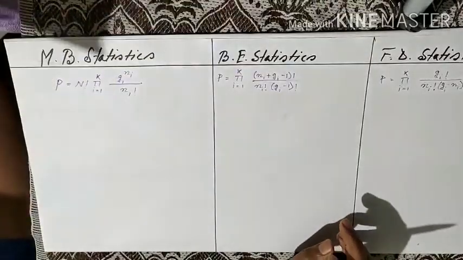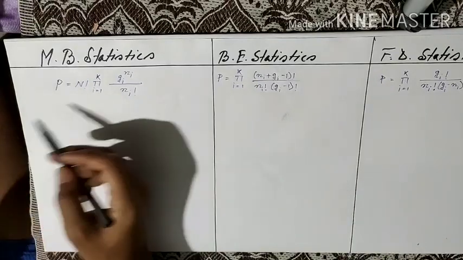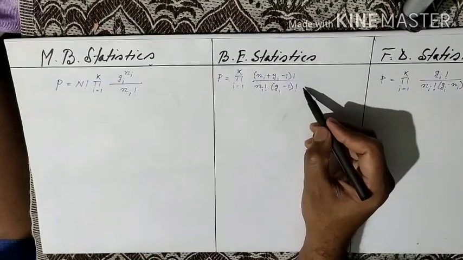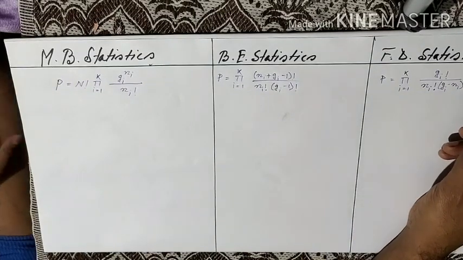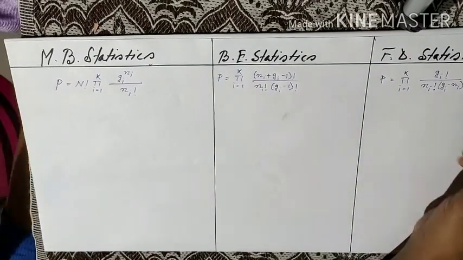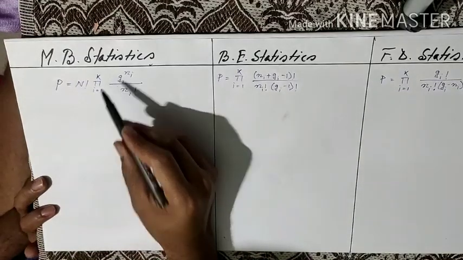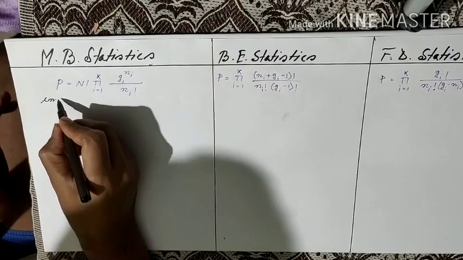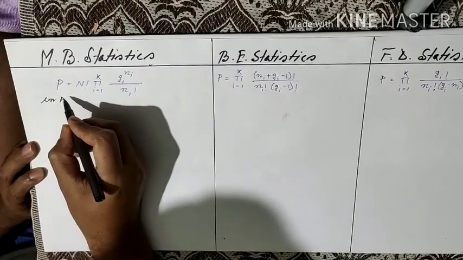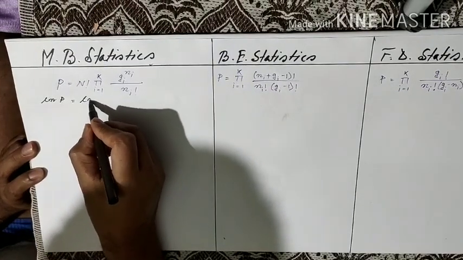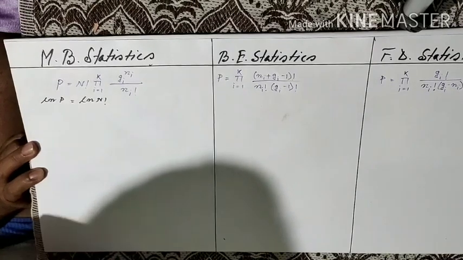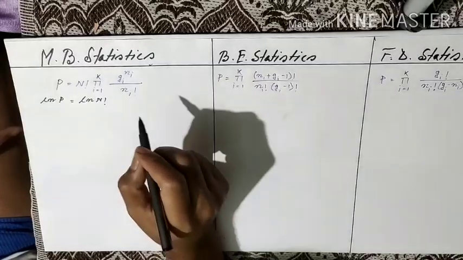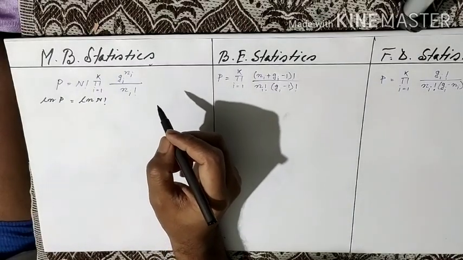Okay, let us then derive the basic distribution laws. I have already written here these are the probabilities: P for Maxwell Boltzmann statistics, for Bose Einstein statistics, and for Fermi Dirac statistics. To deal with all this, let us first take the logarithm on both sides. Log of P is equal to log of n factorial. This product will become a summation because log of a into b is equal to log a plus log b.